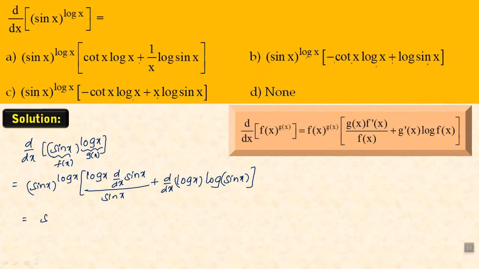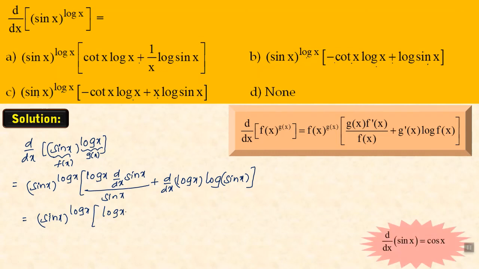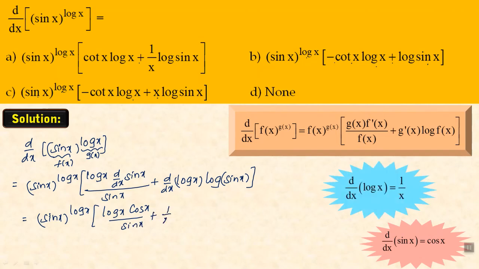This equals to sin x whole power log x into log x into d by dx of sin x is cos x, divided by sin x plus d by dx of log x, that is 1 by x, into log of sin x.